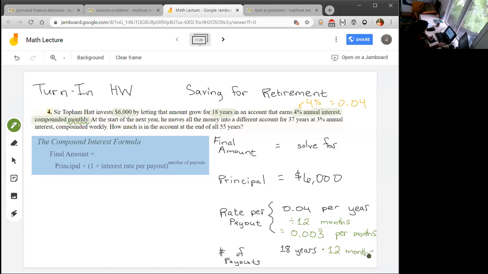How many times does he get an envelope in the mail? 18 times 12, 216 months. Okay, everyone okay with all the setting up on the side? That's kind of the meaty part of the problem there.